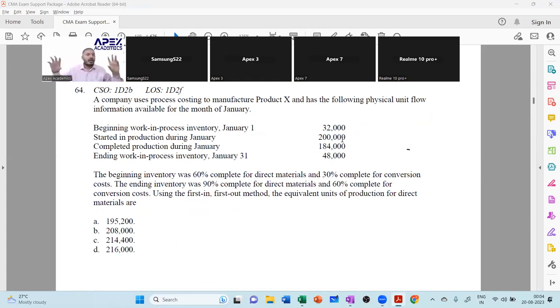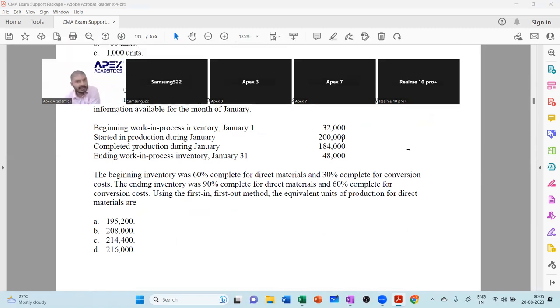Now, out of popular opinion here, I want to know, will you have the power to sit for activity-based costing for some time, or do you want to start your day with activity-based costing tomorrow morning? What do you want? I'll go with the majority. I'm asking you for a poll. Please answer me. And I'm taking this poll very seriously.